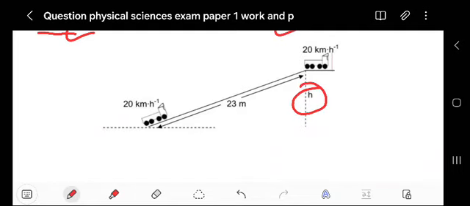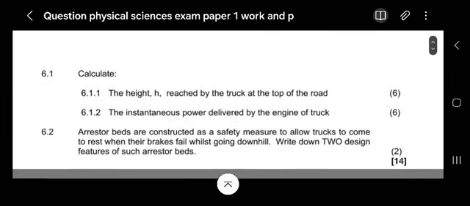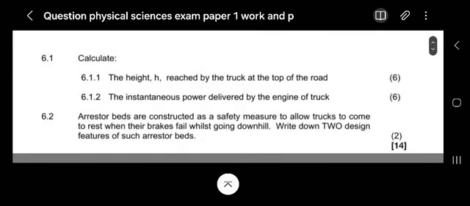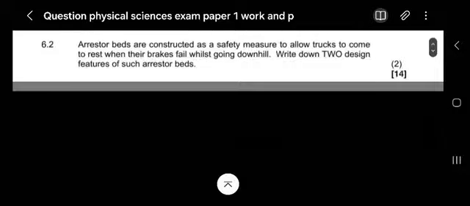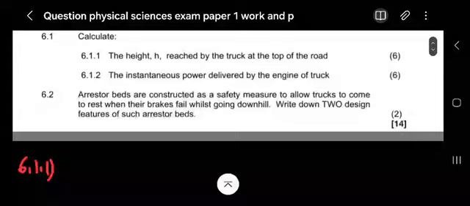How can you calculate that h? Here in 6.1.1 we want to calculate the height reached by the truck at the top there, right?